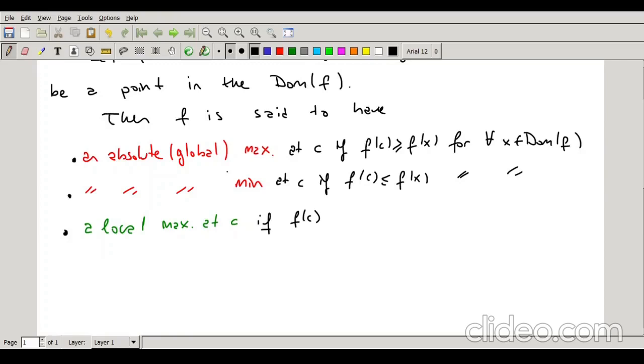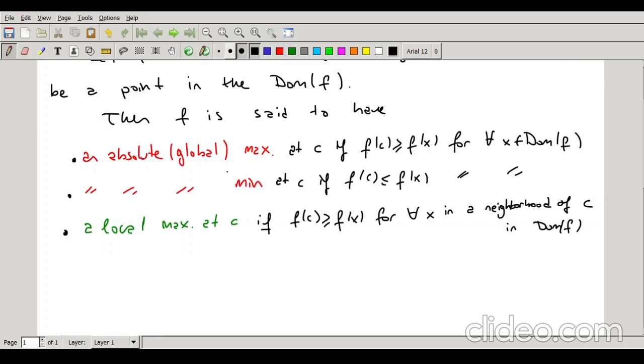We will show it in the following way: f of c is greater than f of x for all x in a neighborhood of c which are indeed in the domain of f.